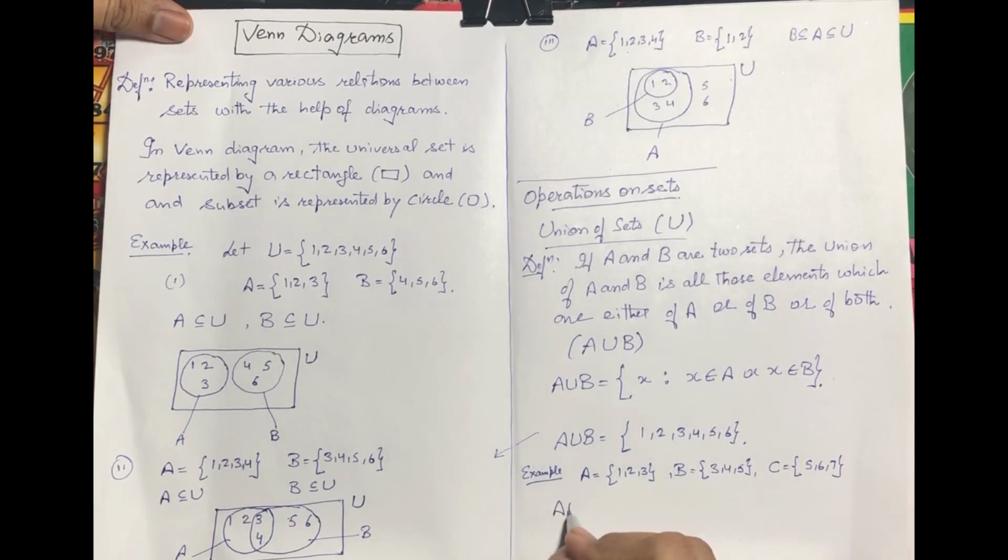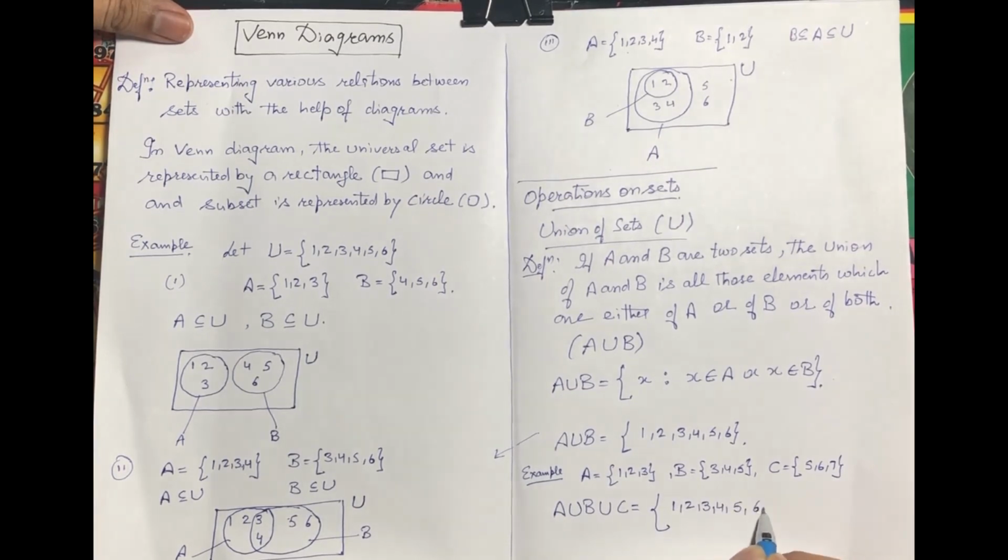Then what is A union B union C? Again, all those elements which belong to A, B and C, and the common elements are written only once. 1, 2, 3, 4, 5, 6, 7.